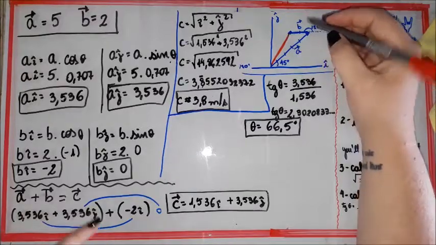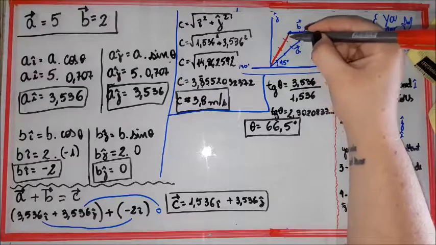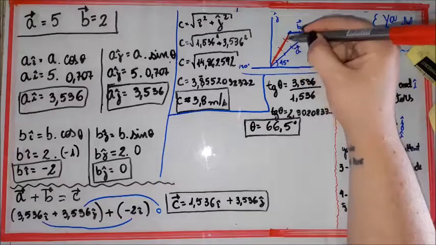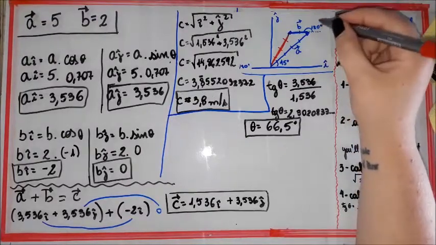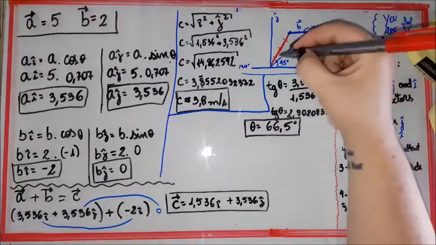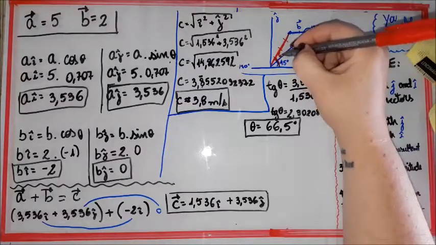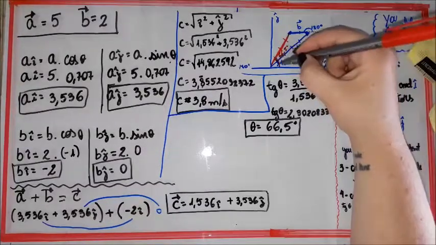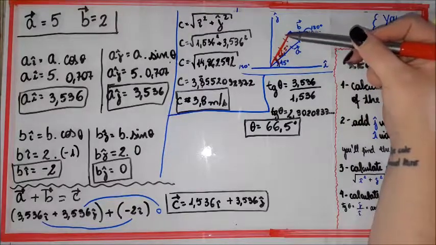It has 1, 2, 3, 8 meters per second. So its magnitude is here, but to where is this vector pointing? Now we know 66 degrees, right? So this vector is pointing there.